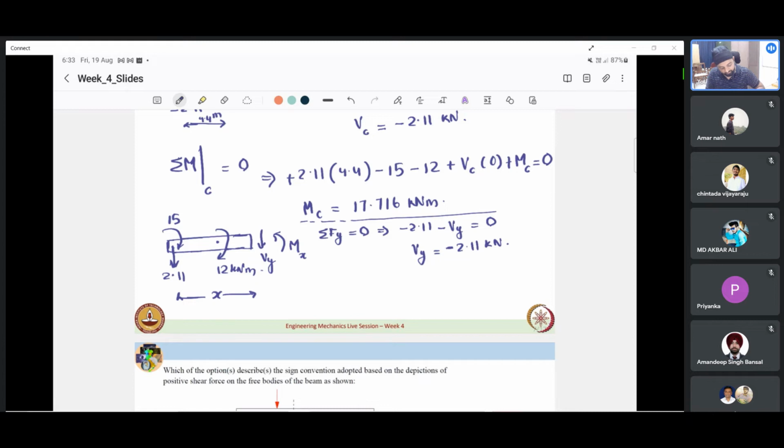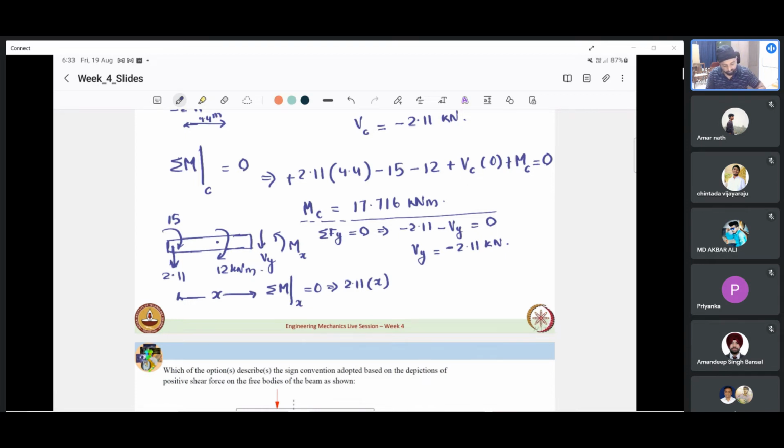So moment, let us consider moment at the right end again. Moment at section x. At this section x, sorry, I'll just write it a little neatly. Summation of moment at this section x equals 0. So now this 2.11 would give us 2.11 into x, because it is creating an anti-clockwise moment.